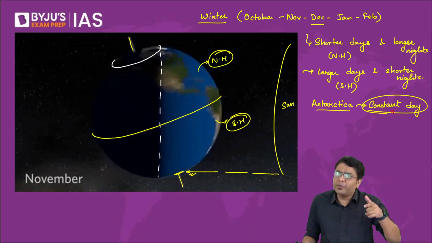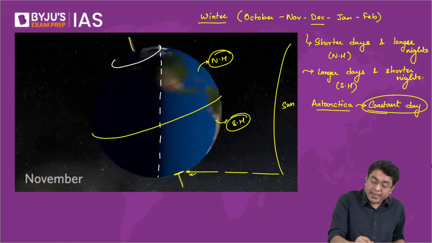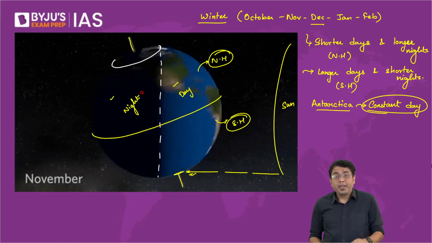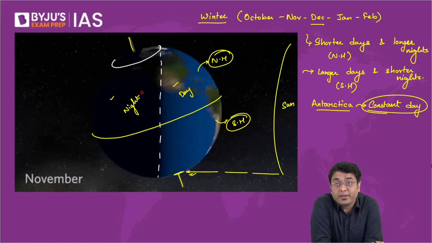Circle of illumination is what? That imaginary circle differentiating the area exposed to the sun and area hidden from the sun. So this is your day and this is your night. Now, if I were to ask you that what will be the condition in the Arctic region or the Arctic circle in terms of length of day and night, what do you think? Will the Arctic region have longer nights, shorter days, or something in that category?